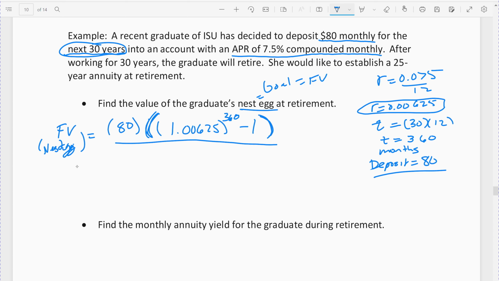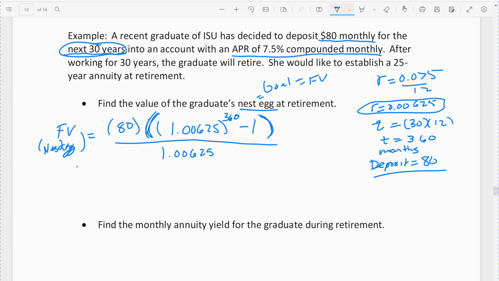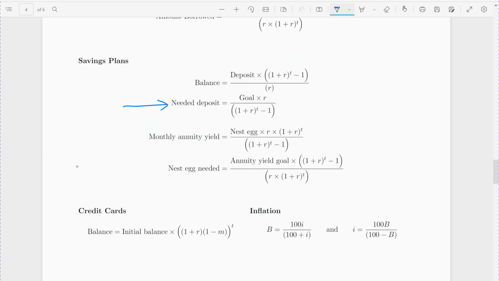Divide by 0.0625 is just R. Double check myself. I'll remember what the equation was, right? Deposit times 1 plus R raised to T minus 1 divided by just R.